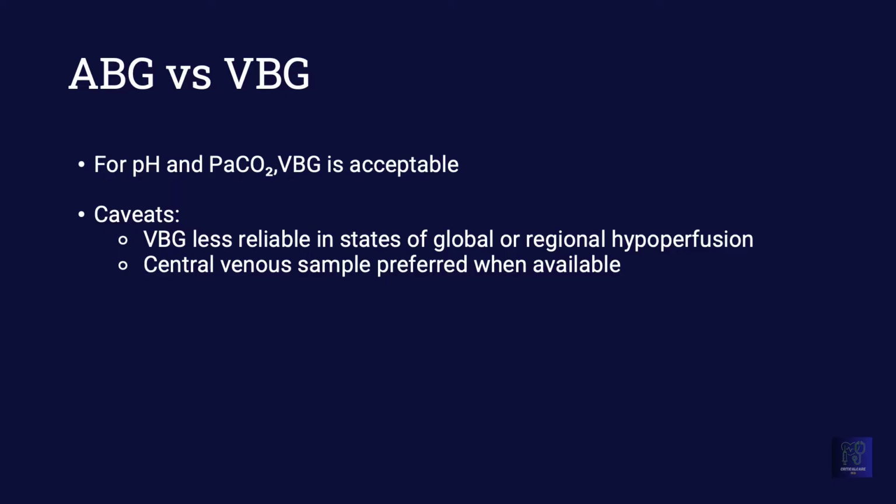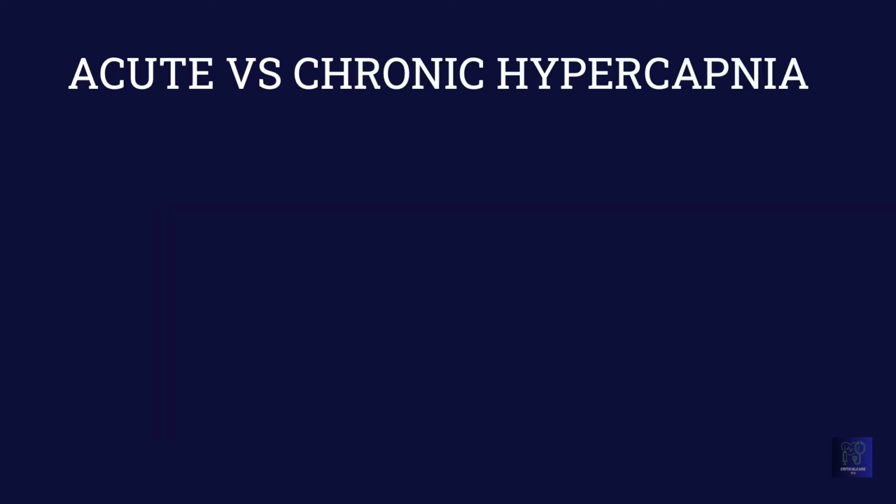For example, let's say there is arterial stenosis of the blood vessels going into the right hand. You don't want to get blood gas from that area because it's going to be unreliable. Second is, whenever available, always go for a central venous blood sample compared to a peripheral venous sample.